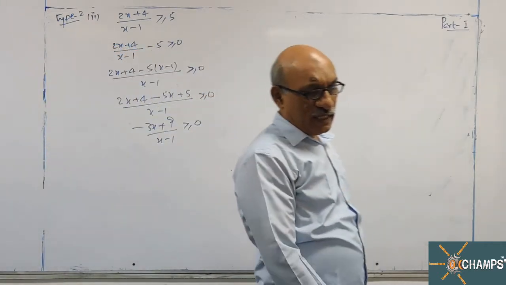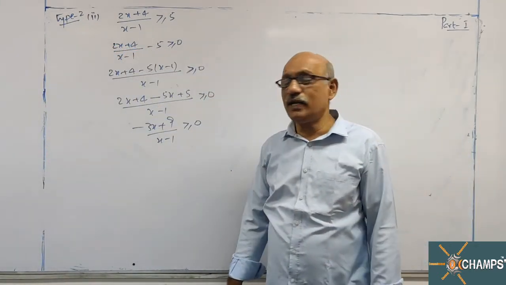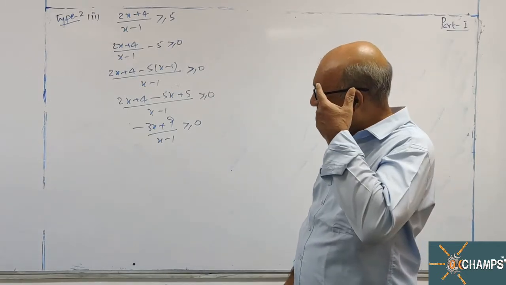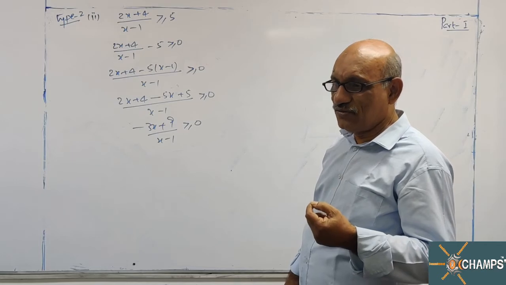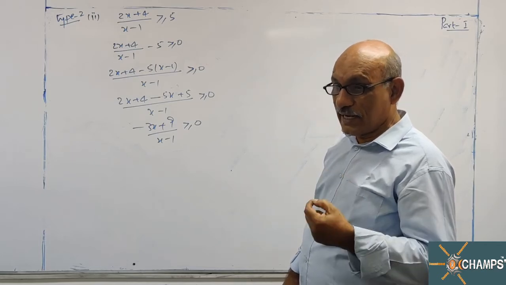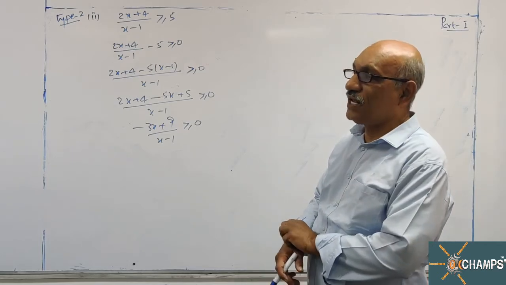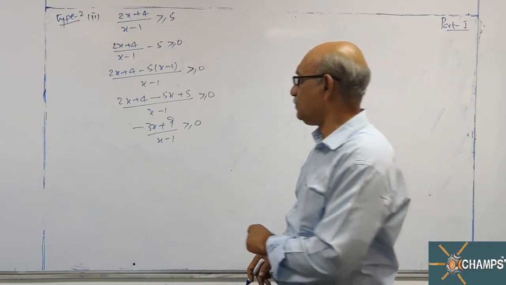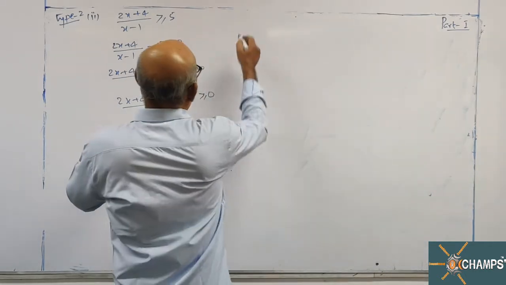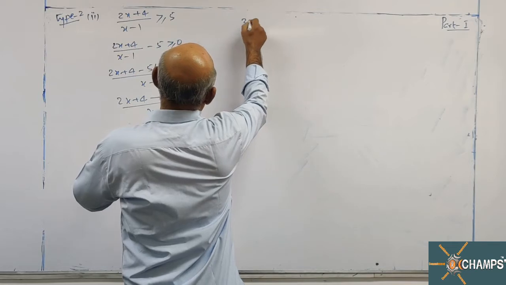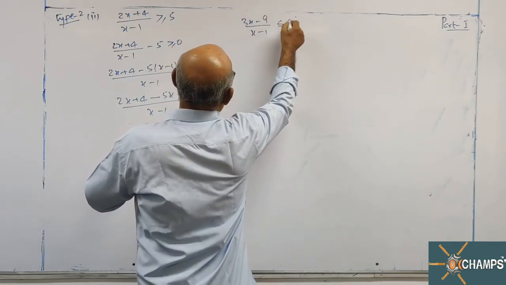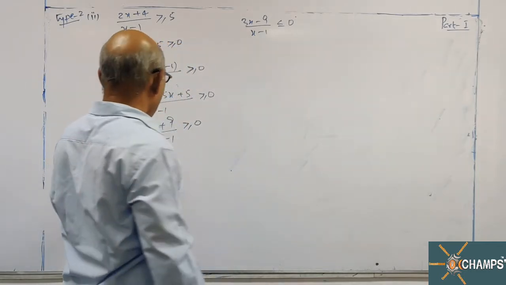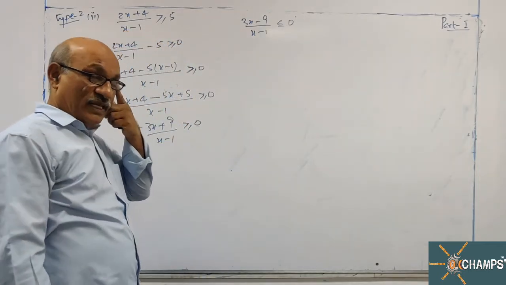And we know that neither in the denominator nor in the numerator should the x coefficient be negative. It should be positive. So this is 3x minus 9 divided by x minus 1 less than or equal to 0, multiplying both sides with a negative sign.